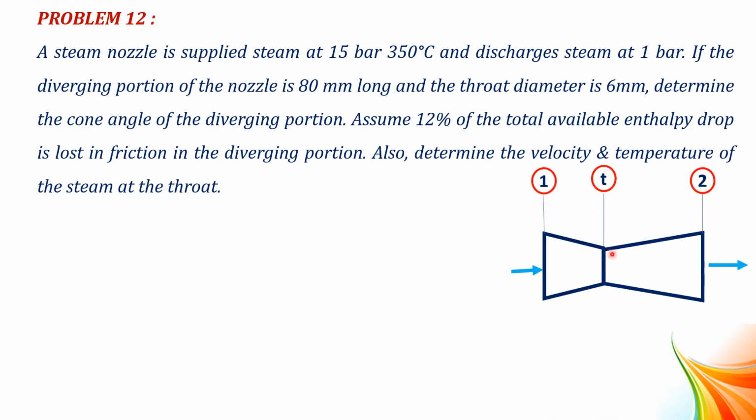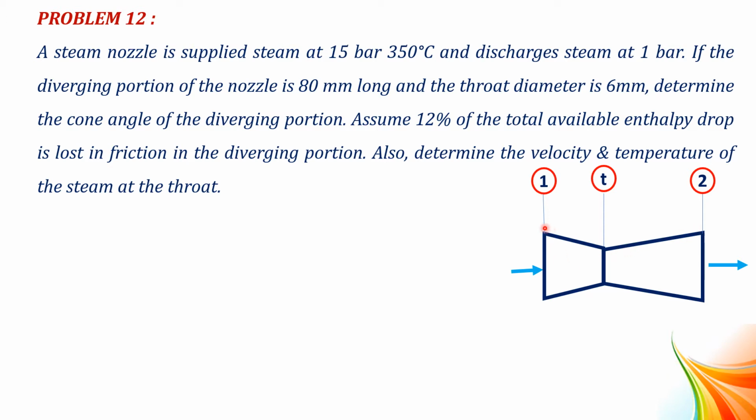See, here we are considering a convergent divergent nozzle. 1 is the inlet of the nozzle, T is the throat of the convergent divergent nozzle, and 2 is the exit of the nozzle. Area of the nozzle decreases from inlet to throat, and again it increases from throat to exit.